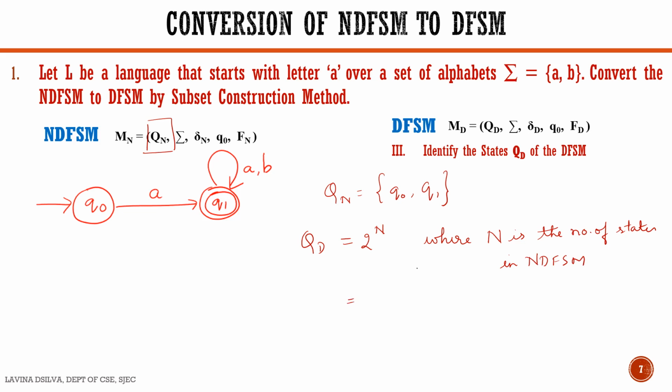So here we have two states, n is equal to 2. Therefore, QD will have 2 to the power 2 states, that is equal to 4 states.